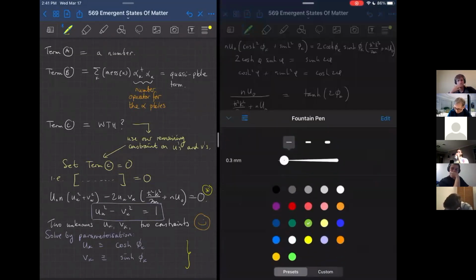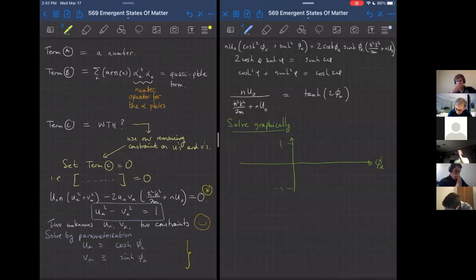Okay, so now let's draw the hyperbolic tangent. It comes in like this. Something like that, and that's this left-hand side over here. And then this thing is n u naught over n u naught plus something or other, so it should be less than unity.